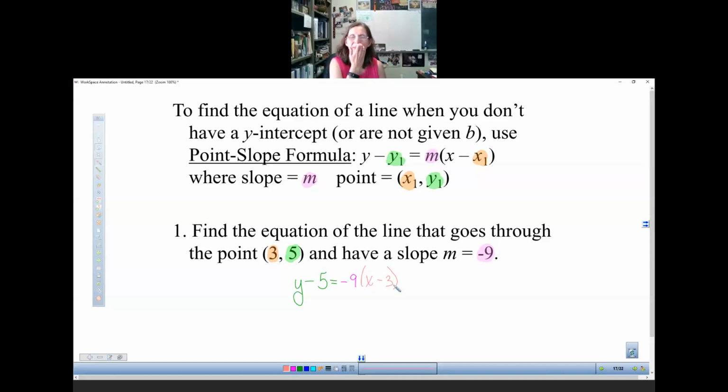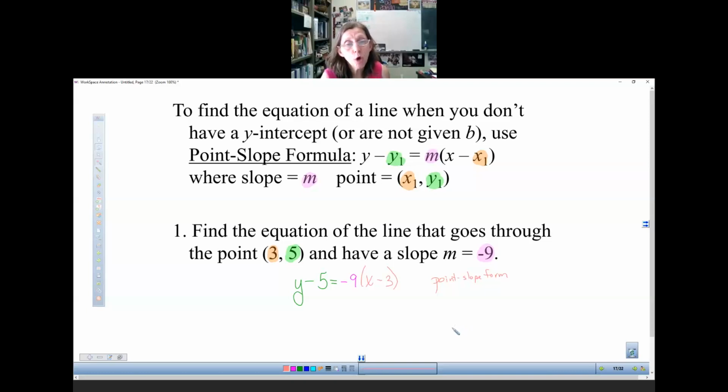That's it. That is the point slope form of the equation of a line. Okay? So we can label this as the point slope form of our line. Okay? That's it. That's all we got to do.